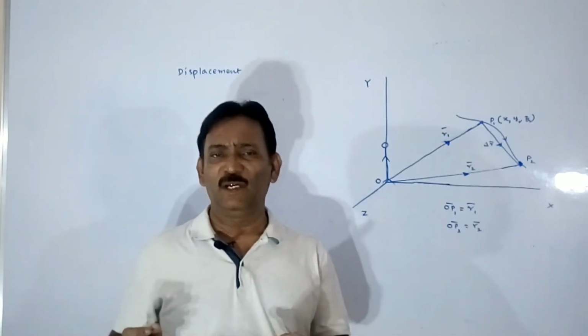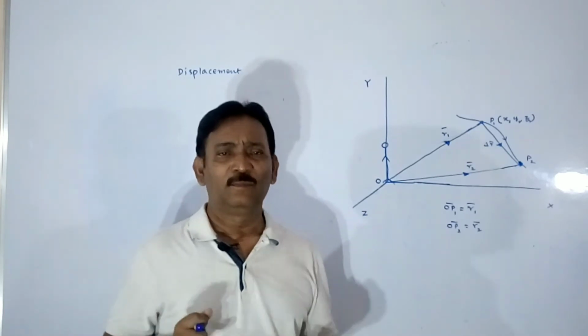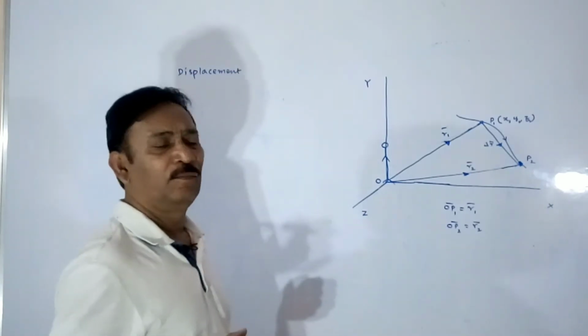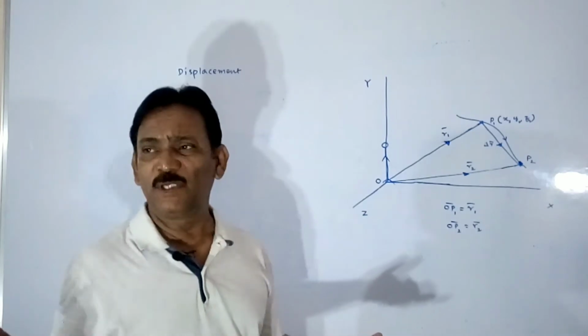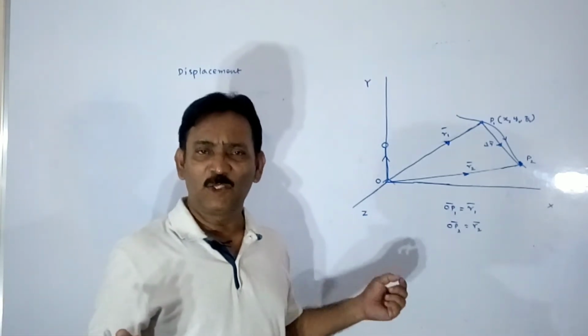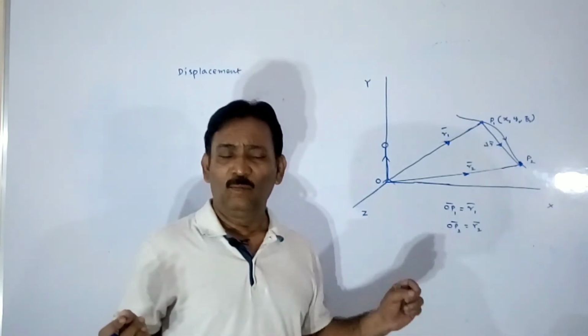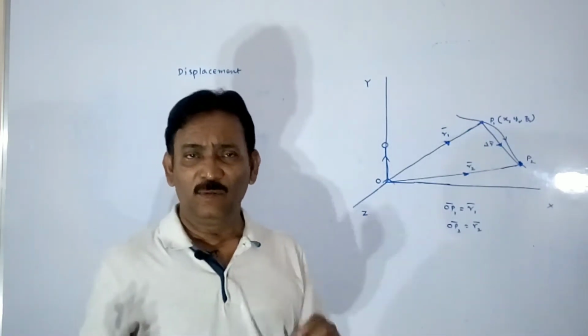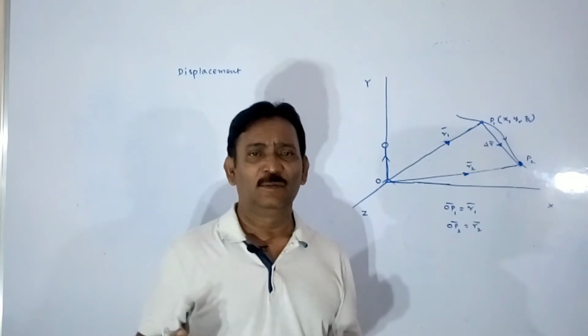Change in position vector of a particle is the displacement. Position vector is the representation of what? A particle with respect to what? Origin, with respect to a frame of reference.